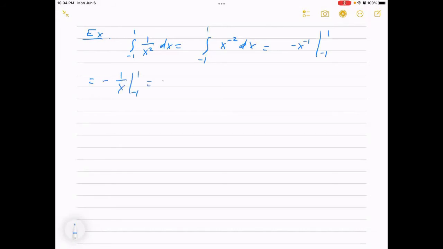Substituting the upper bound, we get -1 over 1 minus -1 over -1. So we get -1 minus 1, because minus -1 gives us both. So the answer is -2. To summarize, the integral from -1 to 1 of 1 over x squared dx equals -2.